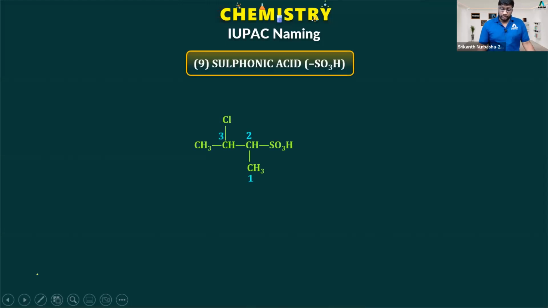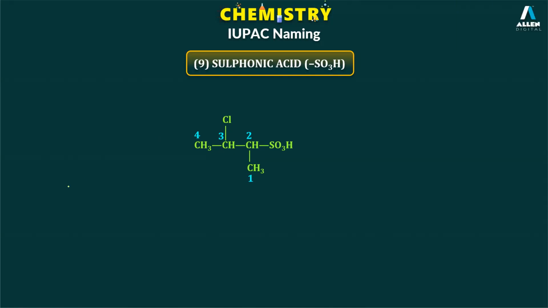Try to name this compound. I have already given the numbering because SO3H is the highest priority group. So you have to proceed in such a way that the lowest number goes to the SO3H carbon, the carbon connected to SO3H. 1, 2, 3, 4. Four carbons is but. On the third carbon you have chloro.